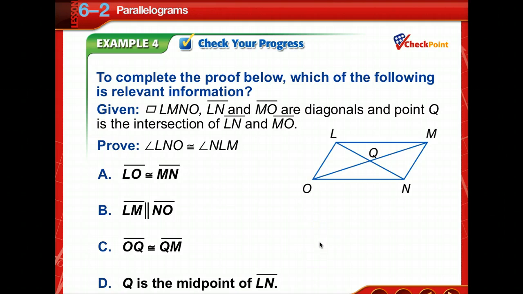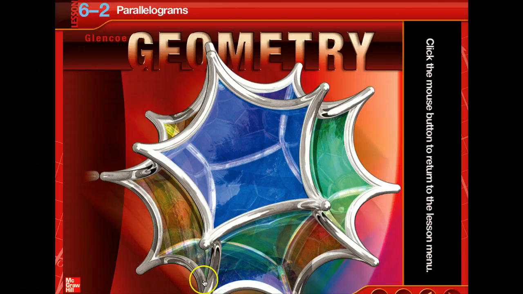So I'll let you think on that. Remember the problem we just worked and what stood out to us. Yes, what's relevant is that LM is parallel to NO. Excellent job. Now you're ready to begin your assignment.